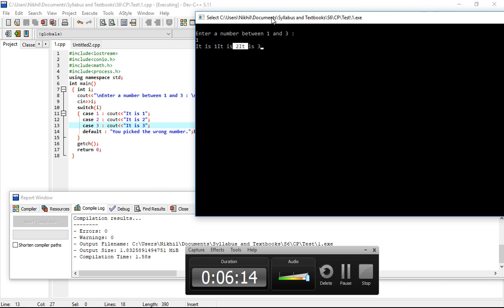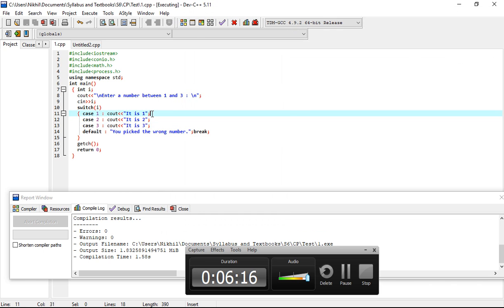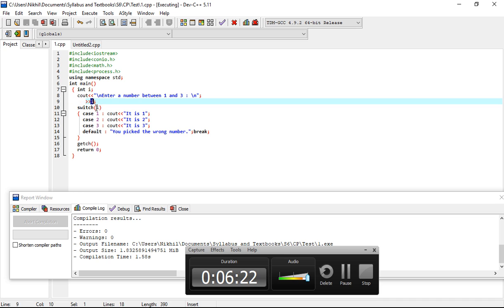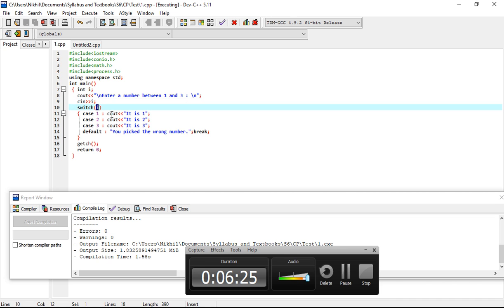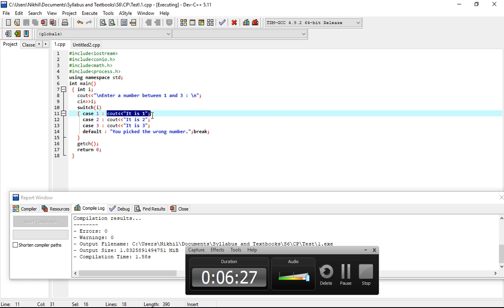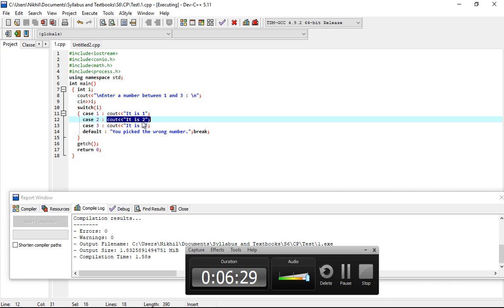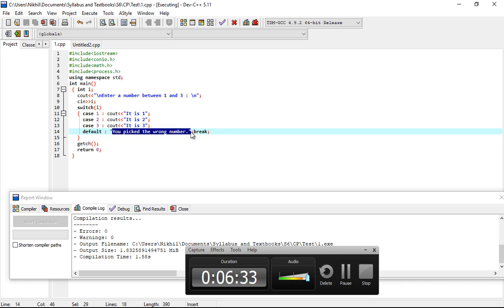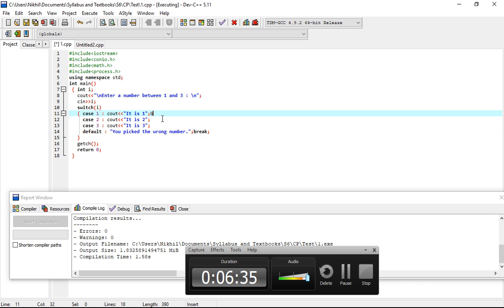So as you can see, if you don't put a break here, and if I'm giving I the value 1, it will print this, and it won't stop there. It will go to the next sentence, it will go to the next sentence, it will even go to this sentence also. So to avoid this, we are putting break here.